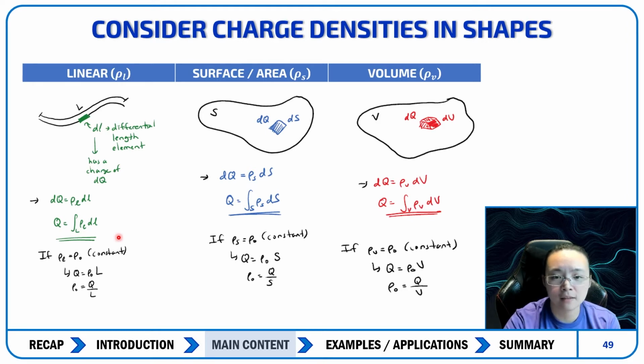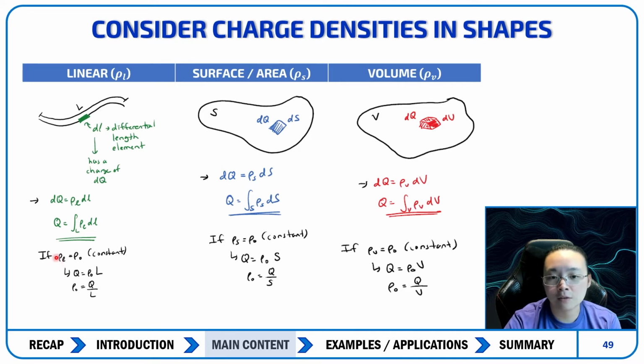Hopefully that makes sense. Now, this is where it gets tricky. Rho L may not always be a constant. So if the question says that rho L is dependent upon something else, then you have to make sure you don't factor it out of the integral. The only time you can factor it out of the integral is if the question specifically says that your charge density is constant and uniform.